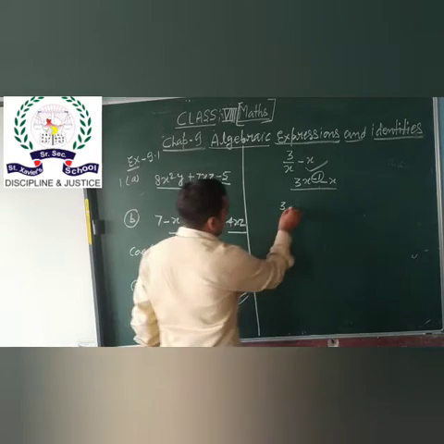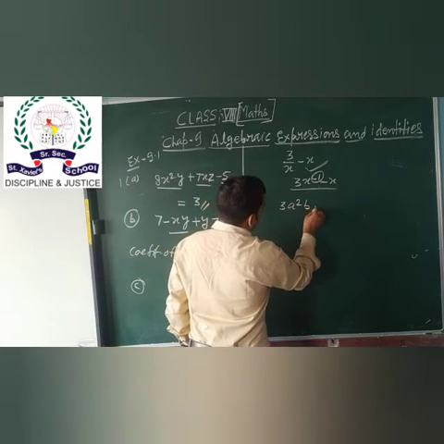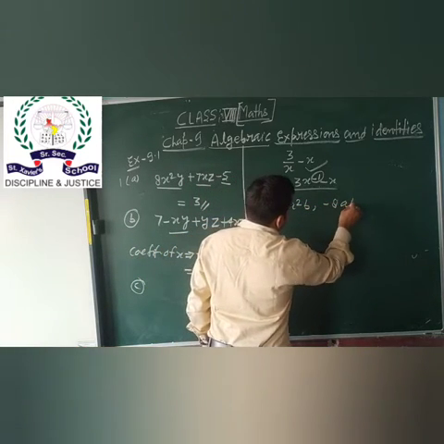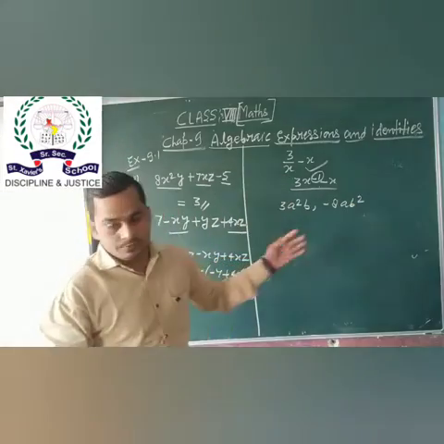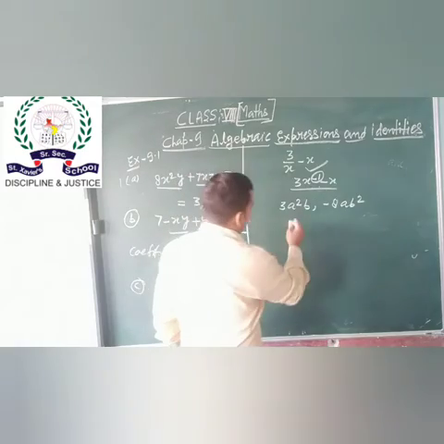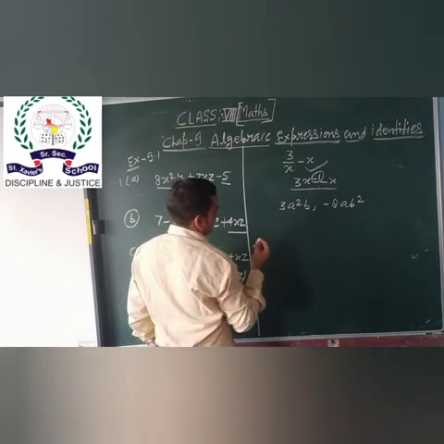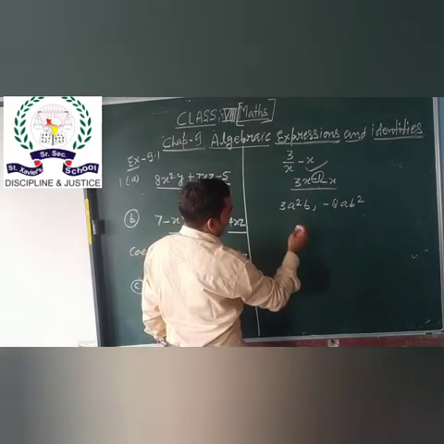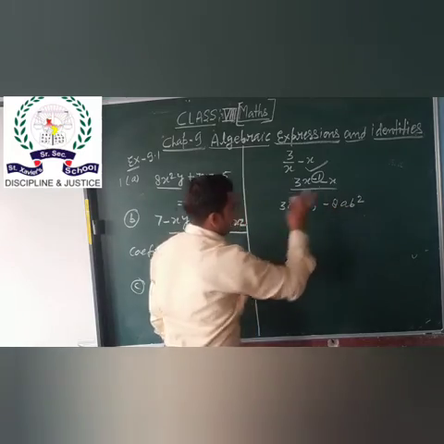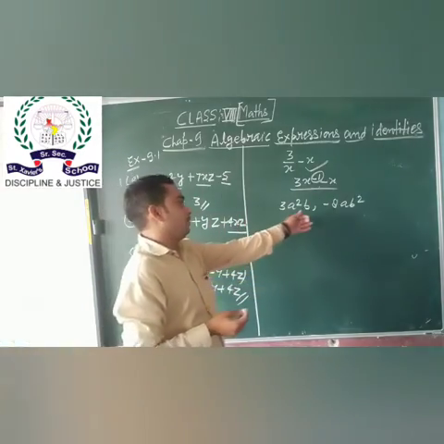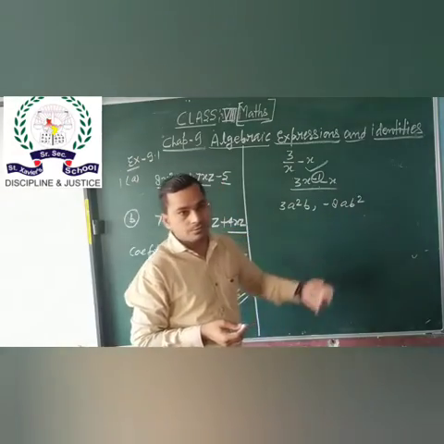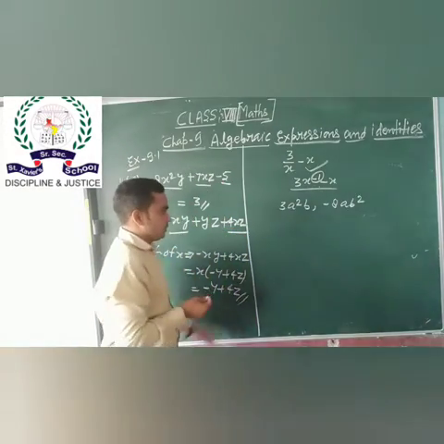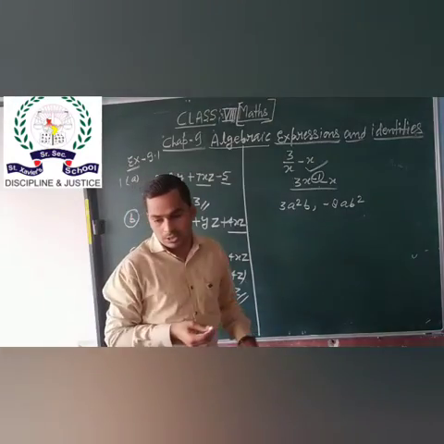These are unlike terms because they have different powers. Here a has power 2, in the other term a has power 1. In this term b has power 1, in the other b has power 2. So different powers, so these terms are unlike.